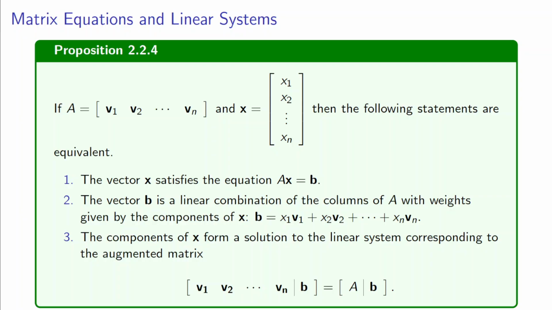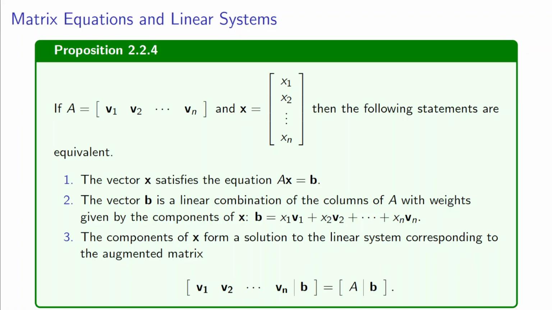And then finally, the components of x form a solution to the linear system corresponding to the augmented matrix with v1, v2 through vn as the coefficients, and then b as the right-hand side. So this is the kind of augmented matrix that we've been looking at, where we've got A as the coefficient matrix.